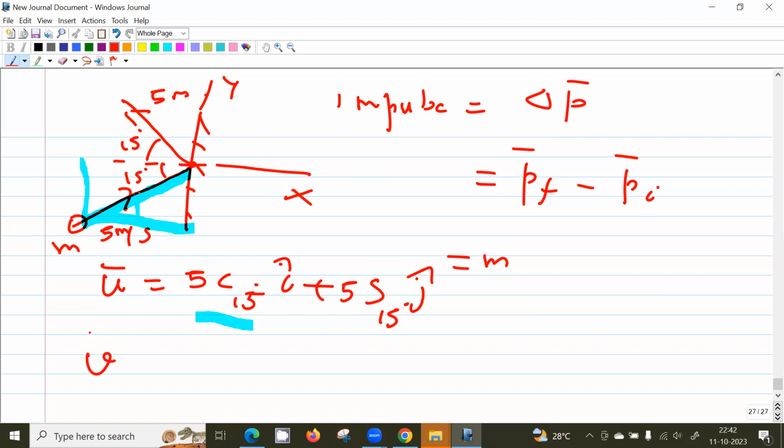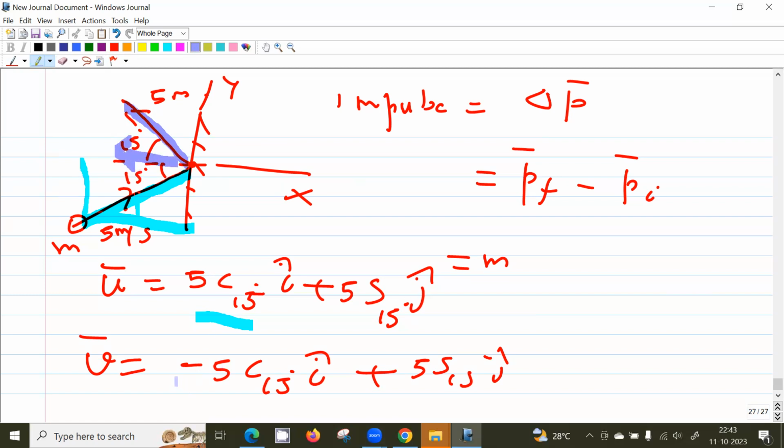But for the final velocity v, the x component is minus u cos 15 i cap, because the horizontal component is towards the left. The vertical component is still upwards, so it is plus u sin 15 j cap.